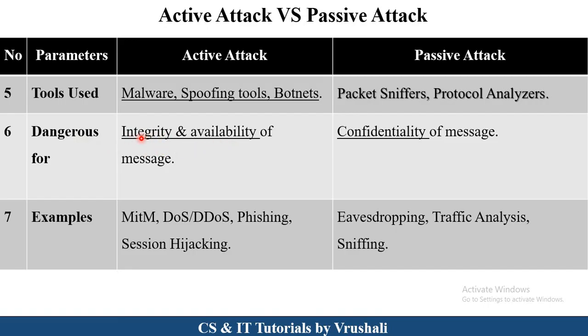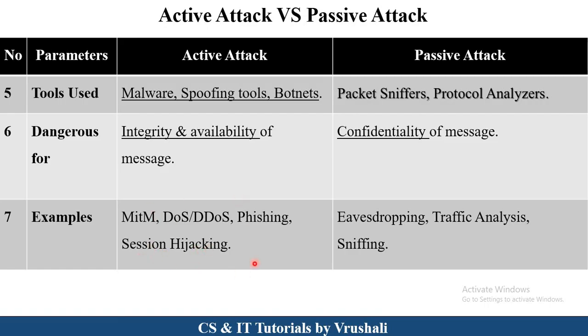Now, for active attacks, different tools are used like malware, spoofing tools, and botnets. In passive attacks, they use packet sniffers and protocol analyzers. Basically, an active attack is very dangerous for the integrity and availability of the message. Integrity means valid and accurate information doesn't reach the receiver, right? That's why it is dangerous for integrity. And a passive attack is dangerous for confidentiality because they analyze your original passwords, original credentials, and your sensitive information. There are different examples of these attacks. Examples of active attacks are the DOS attack, phishing attack, and session hijacking attacks.